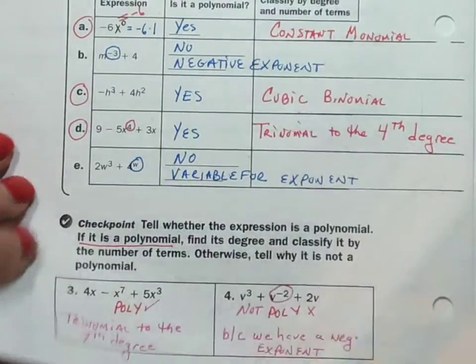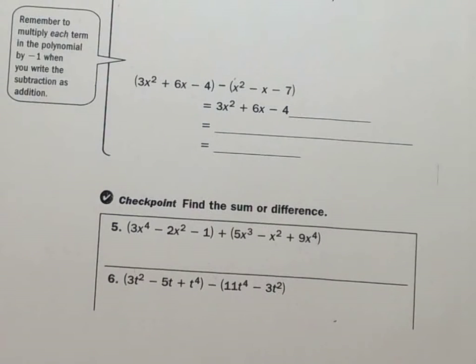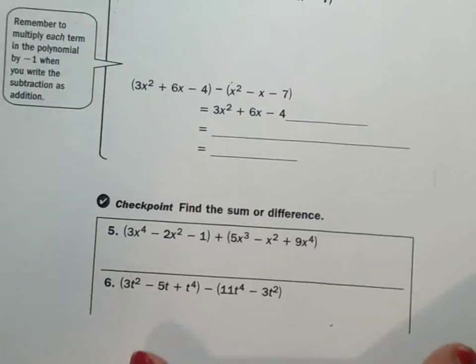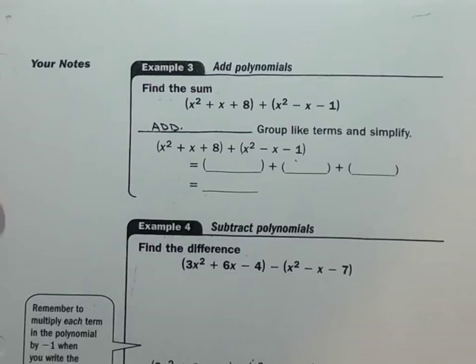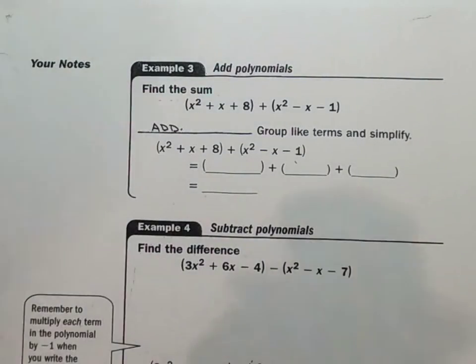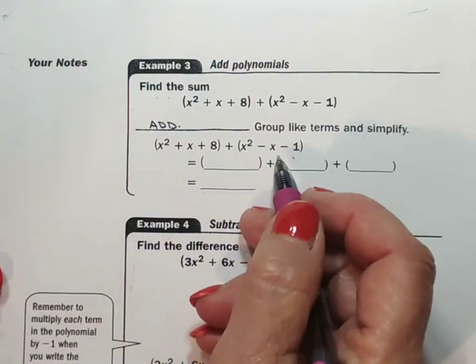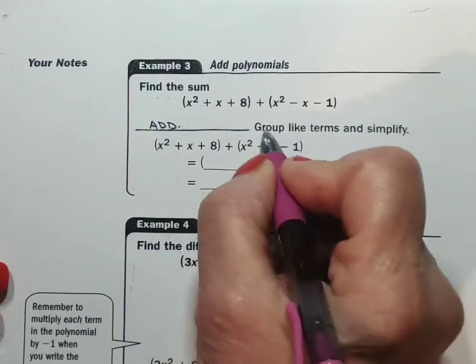So now we're going to go to something a little bit easier. And we're going to add and subtract polynomials. Okay. Well, adding polynomials, you're just basically grouping like terms.